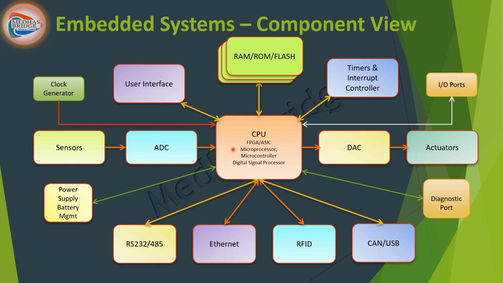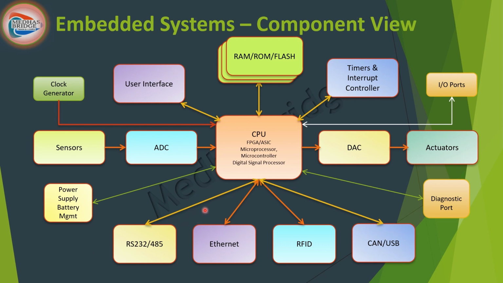In an embedded system, we require interfaces like IO ports and communication interfaces like RS-232, Ethernet, RFID, CAN, USB, things like that. For the entire system to be designed, what we require is a power supply. So designing a power supply unit in an embedded system is one of the critical components which we need to understand.